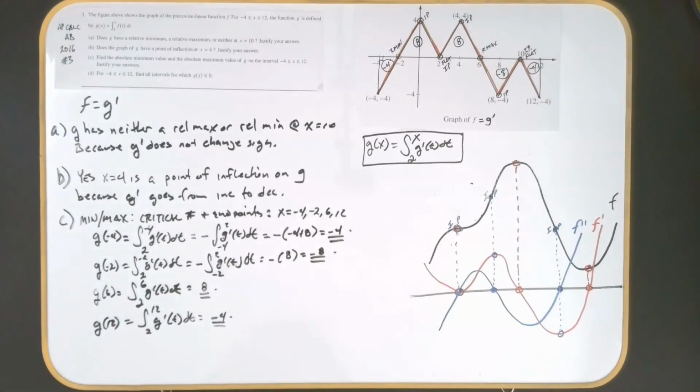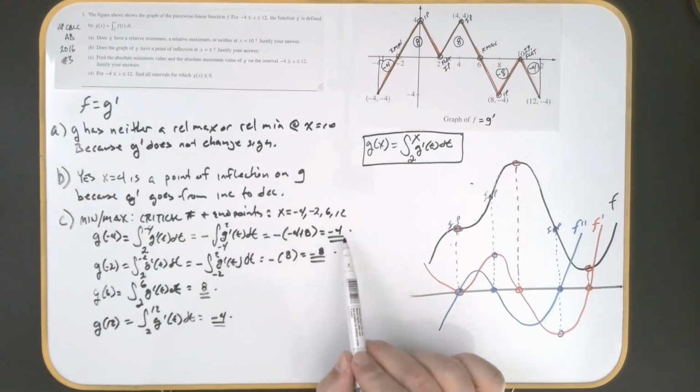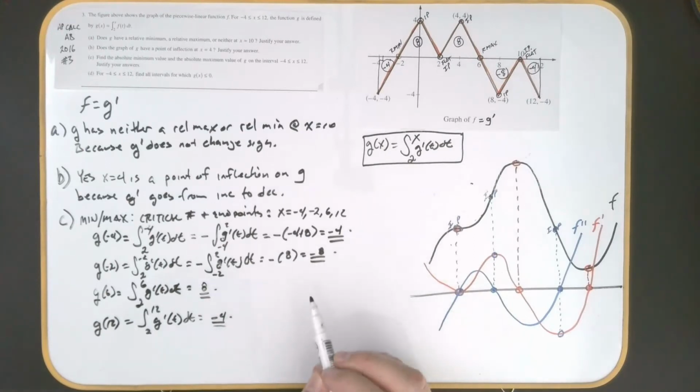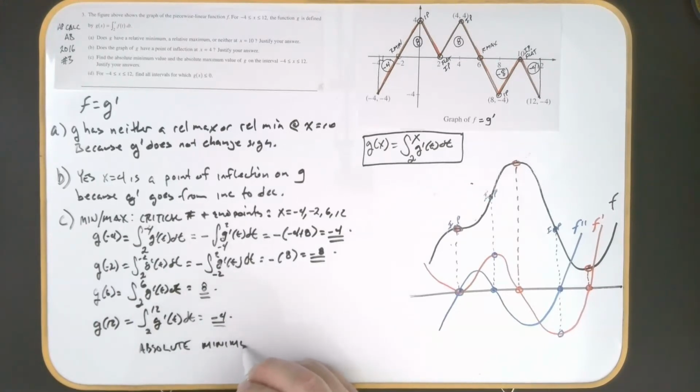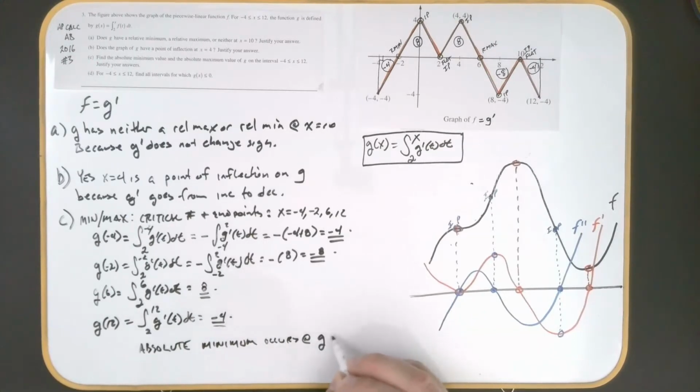Okay. So the final answer that they want to know is find the absolute maximum and minimum. So we're looking at negative 4, negative 8, 8, and negative 4. So pretty clear that the absolute minimum is negative 8, but we'll say it occurs at g of negative 2, which is equal to negative 8.